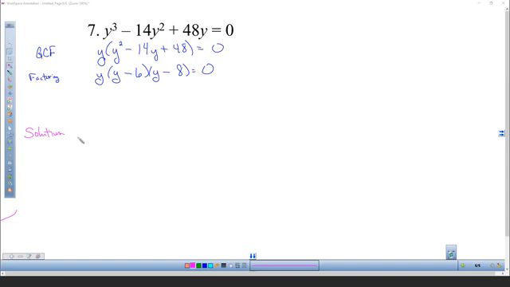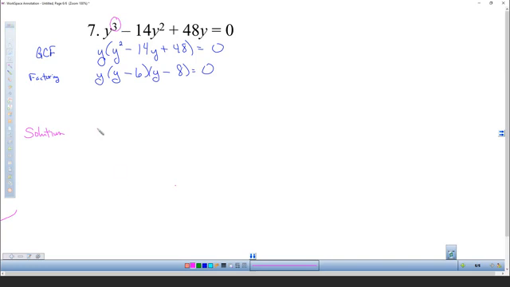Okay. All right. So let's figure out how to solve this. Some of y'all did great. You got 2 of them. How many solutions are there? Somebody who got a yes. How many solutions are there? There are 3 solutions.